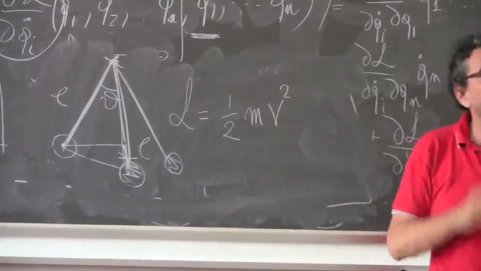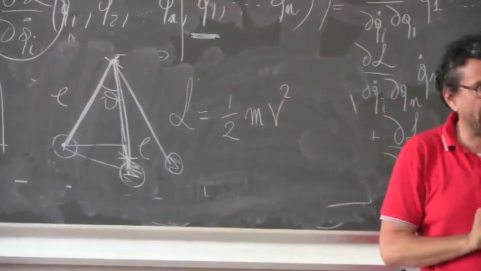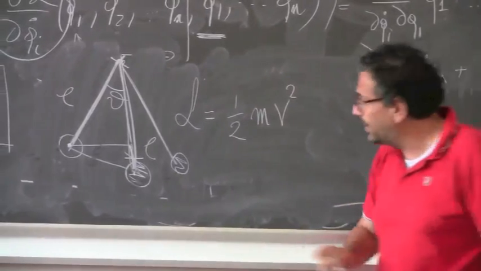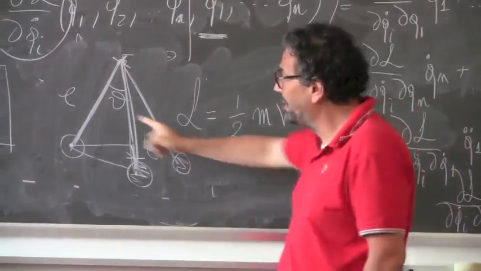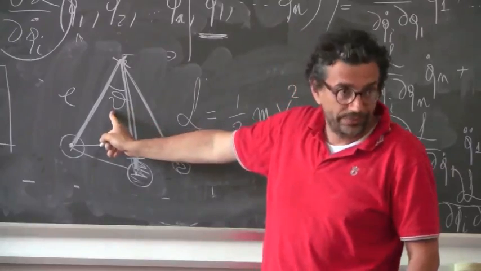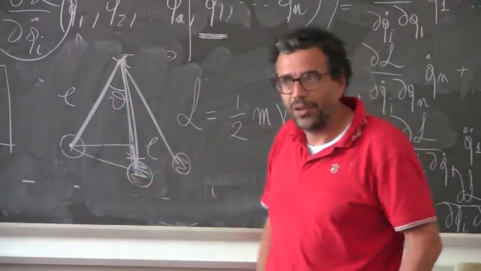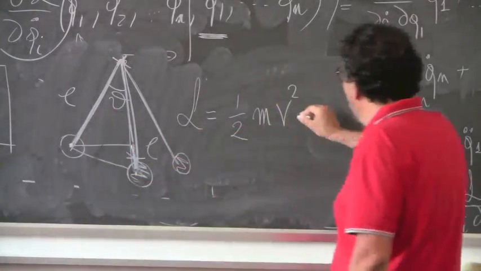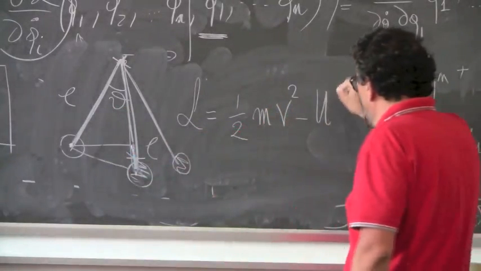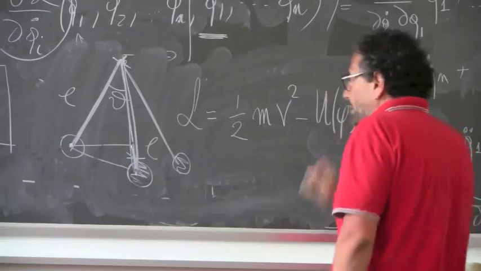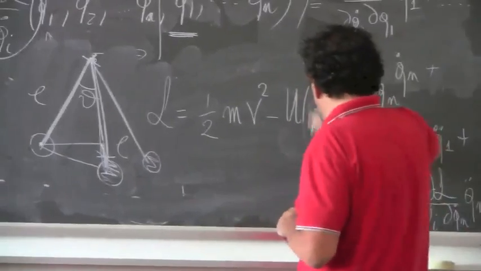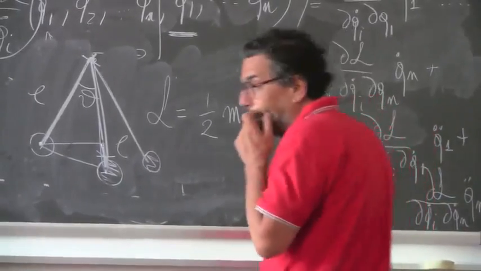Another exercise I give to you is to find this velocity in terms of theta dot, minus the potential energy U of phi, theta.